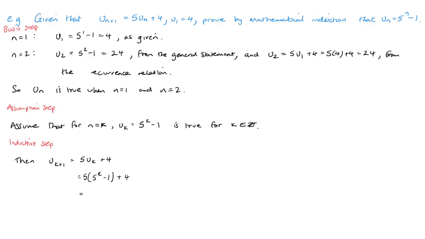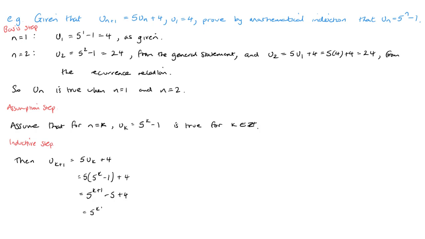So 5 times 5^k is 5^(k+1). Remember this, that's 5 times 5 to the power k. This is the power 1, and we add the powers, don't we? Okay, so that is that one. Minus 5 plus 4.